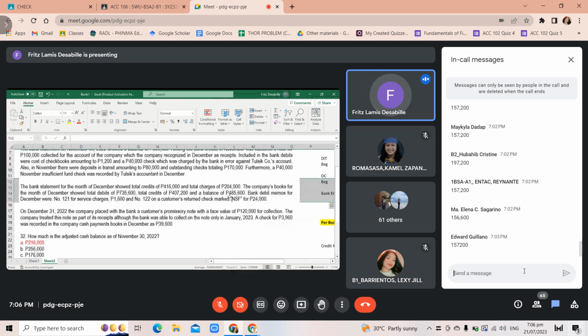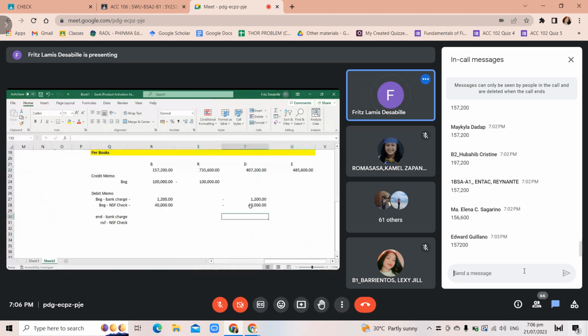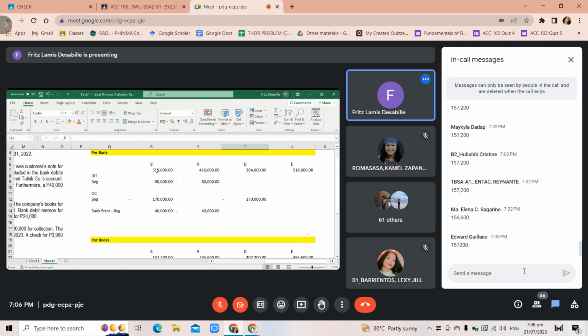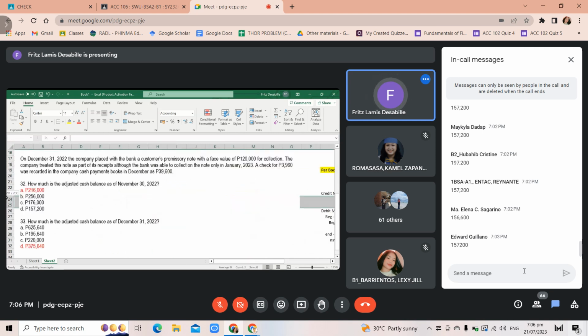So, okay. Okay, 16 and 24. 16, 24K. And these are additional disbursements. Right, so no problem there.